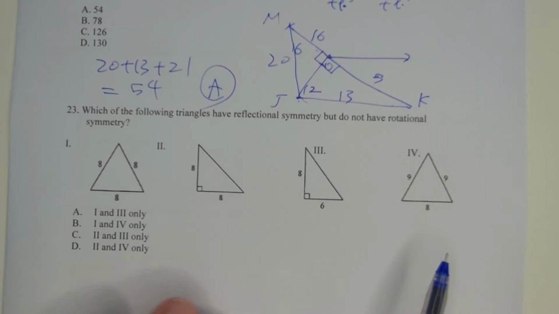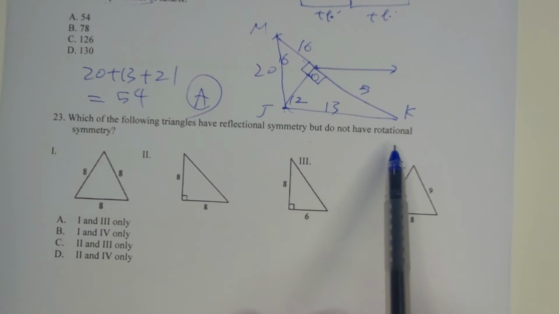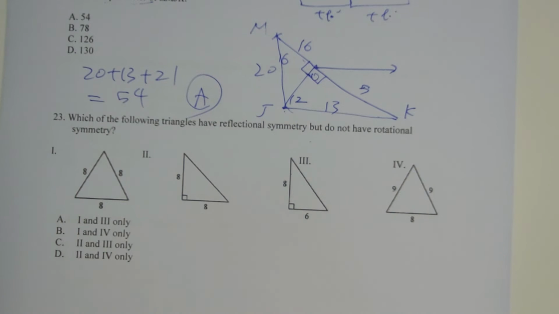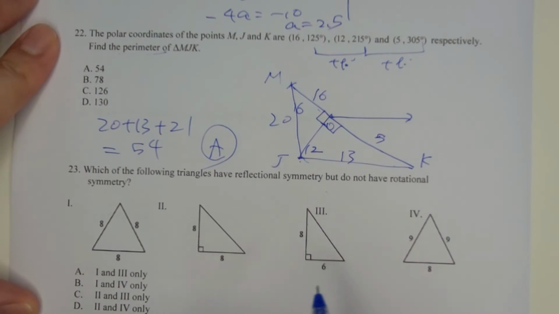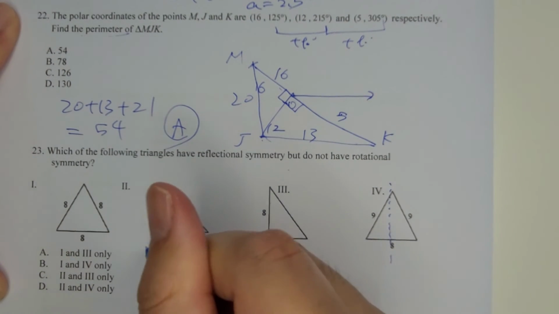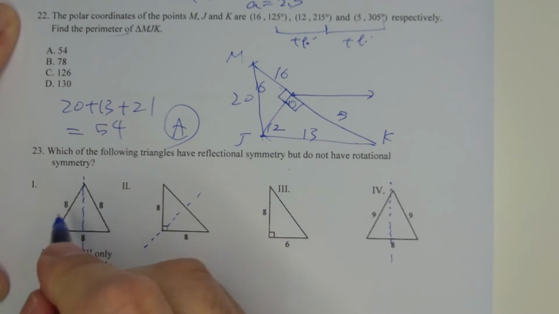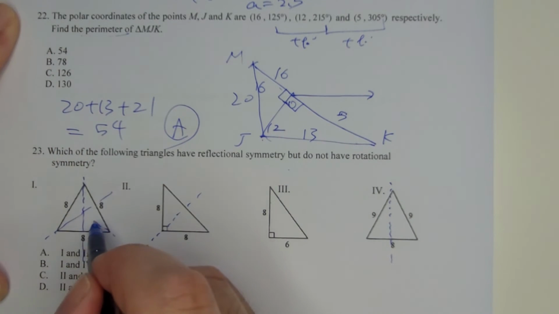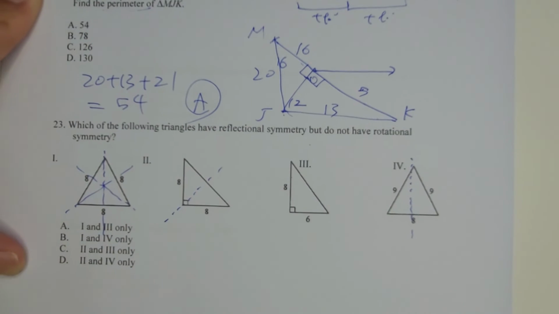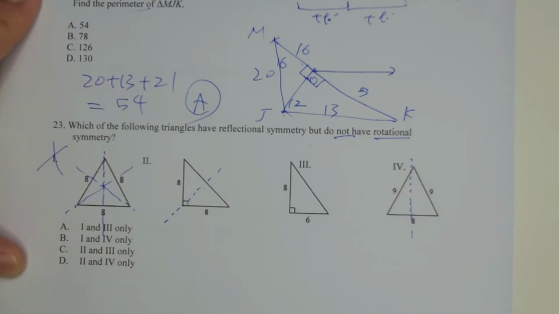Next one: which of the following triangles has reflectional symmetry but does not have rotational symmetry? Okay, try to add some lines first. You need to have reflectional symmetry. This one, isosceles triangle, of course. Equilateral triangle actually has 3 axes of symmetry, but it also has rotational symmetry, so 1 would not be the answer.